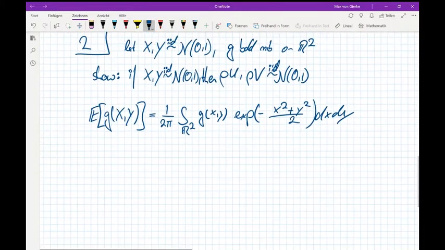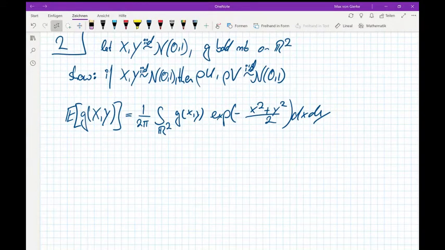Okay, and now you will actually see why this method is called Marsaglia's polar method, because now we transform our problem from the Cartesian system in which we are right now into the polar system.